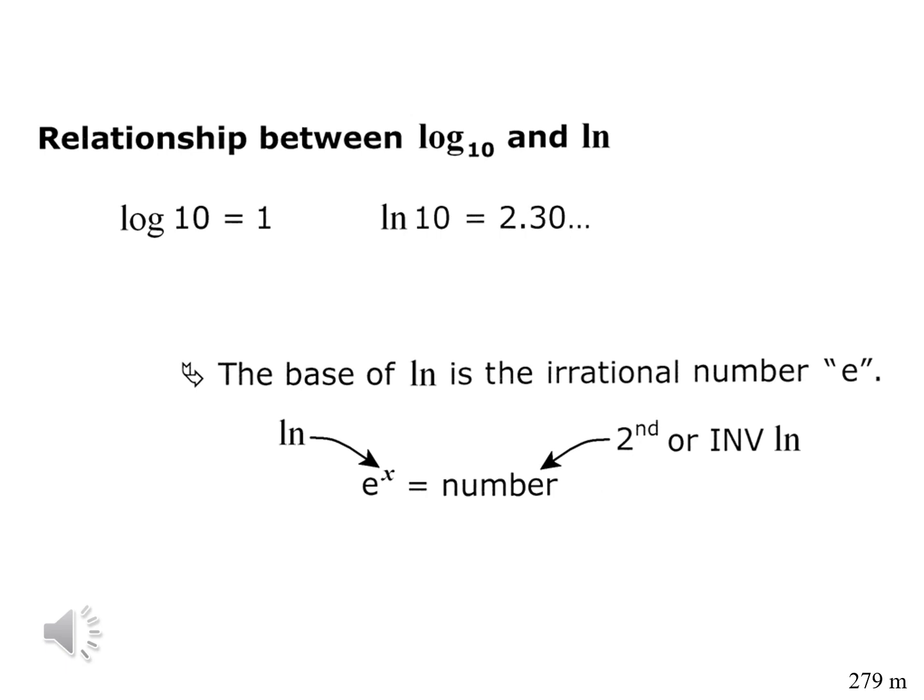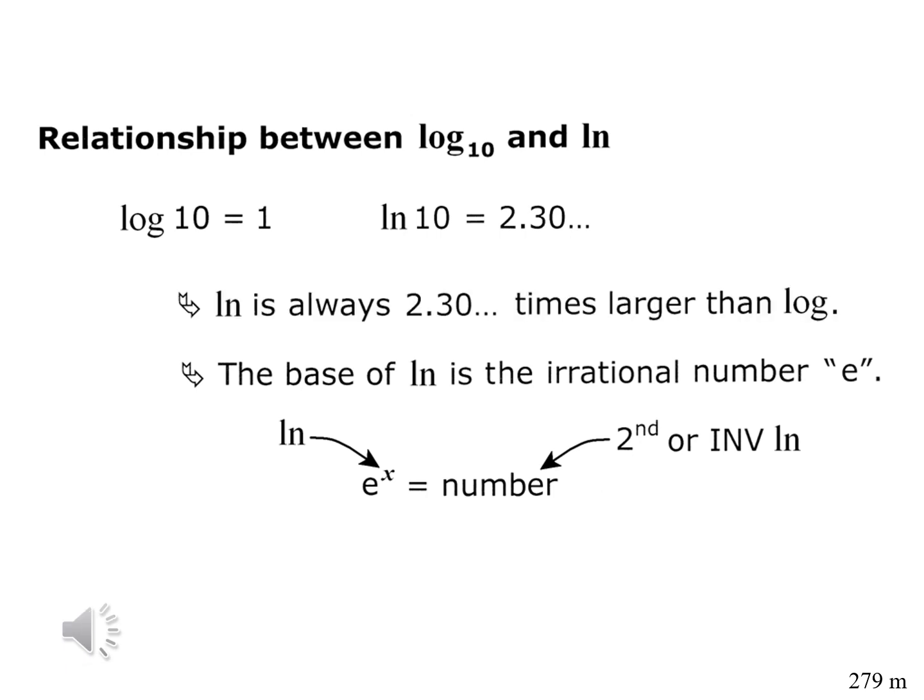But if you take the log of a number and the ln of a number, they differ by this very famous factor, 2.3025 something. So for calculational purposes, that's how the log and the ln differ. And the ln always comes out larger.